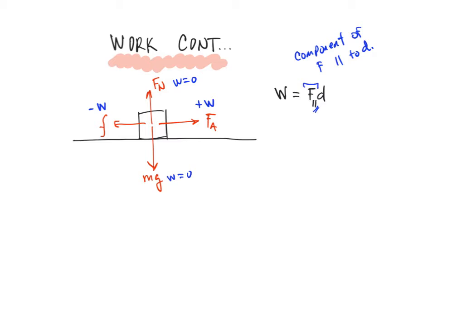So let's imagine a different scenario. Now I'm going to have a surface again. Here's the surface, and I want to have a block on that surface just like before, and I'm going to have an applied force, but now the applied force is actually going to be at an angle.